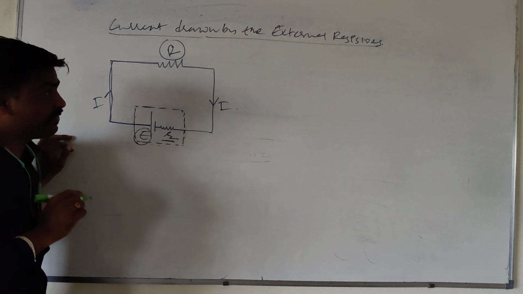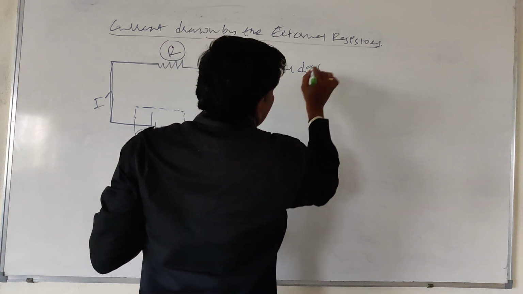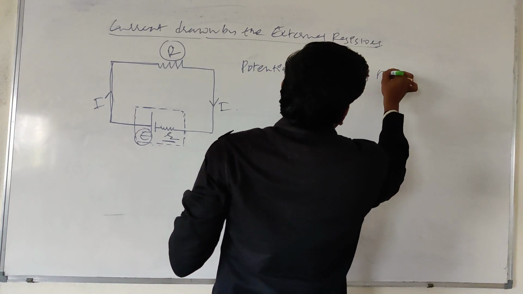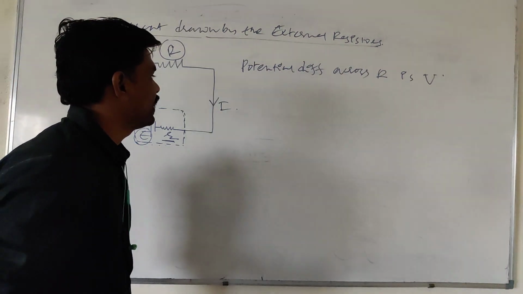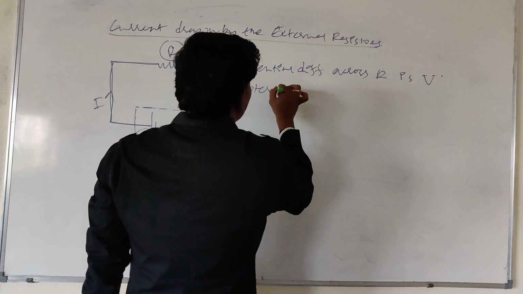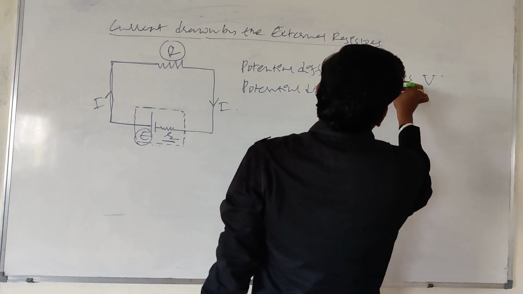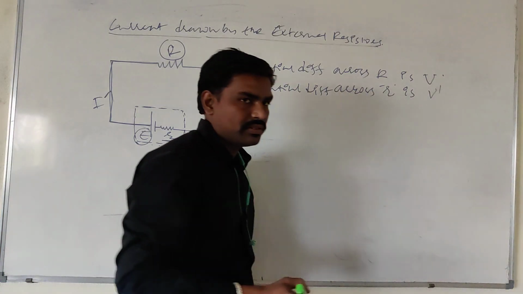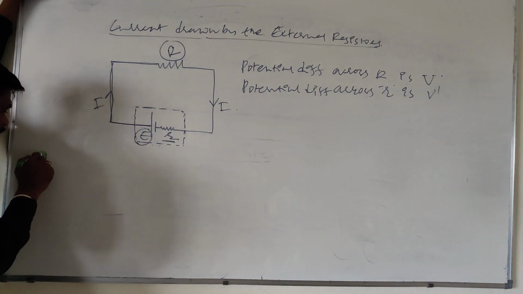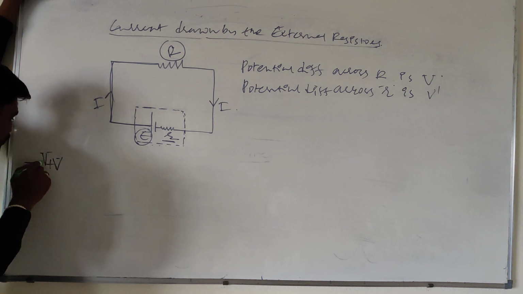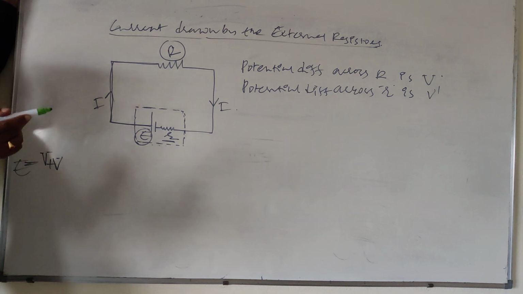The potential difference across R is V. The potential difference across small r is V dash. Whenever we add all the potential differences, we get the EMF, right? The cell is a source of EMF.